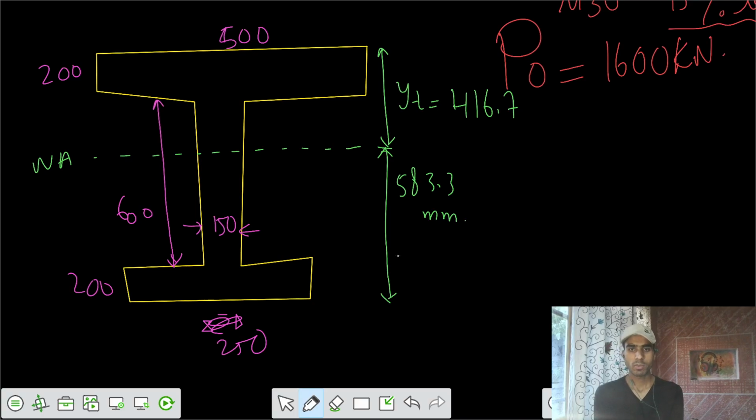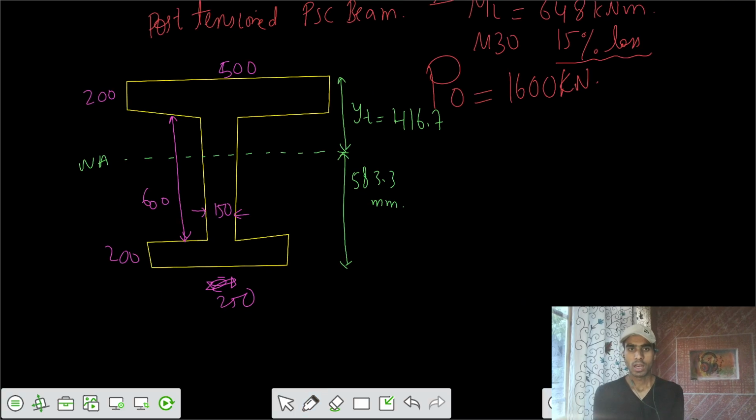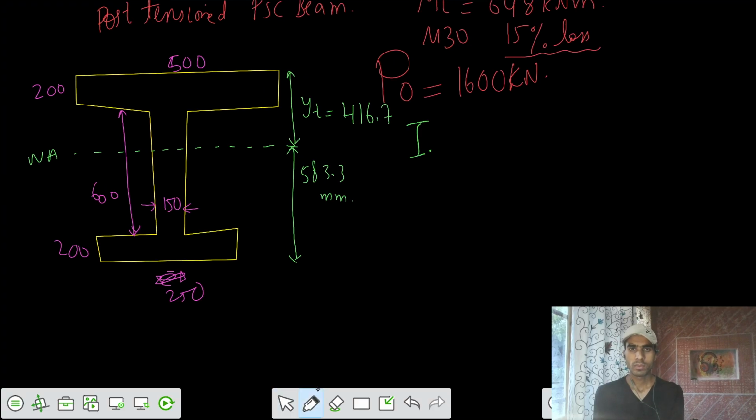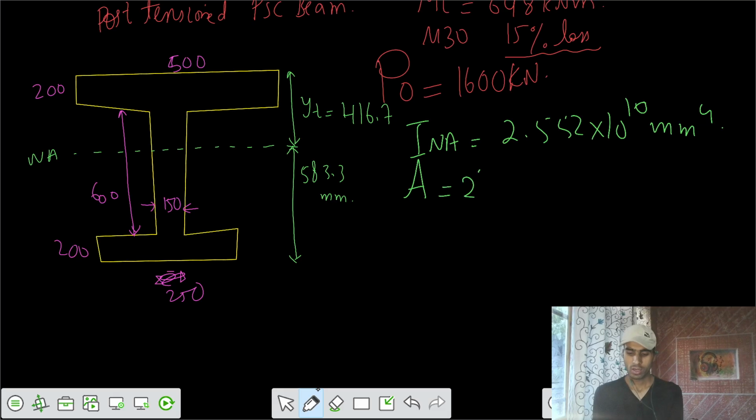And the moment of inertia about the neutral axis, INA, is also given, that's 2.552 times 10 to the power 10 mm to the power 4. Area of the cross section should also be given. Area of the cross section, that we can solve, that's 240000 millimeter square. That's the area of the cross section of the concrete.